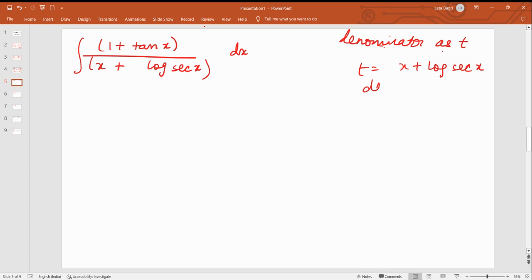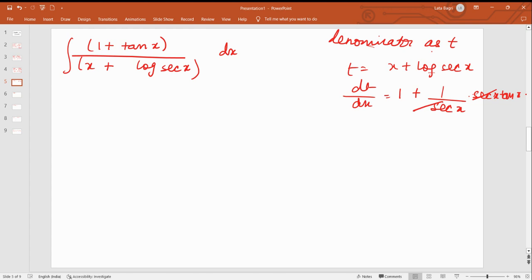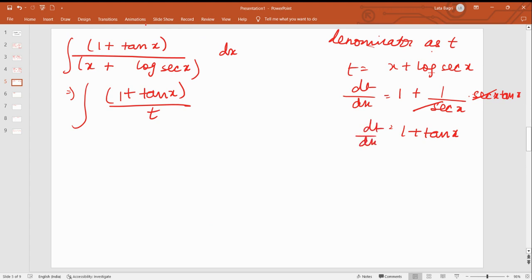Okay, dt by dx is what, 1 plus log sec x is 1 by sec x into sec x tan x, right? Cancel, what do I get? 1 plus tan x, and 1 plus tan x is the numerator. So let me write this as dt by dx, so making dx the subject, becomes dt by 1 plus tan x, right?